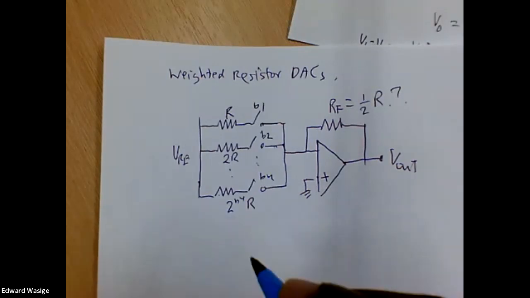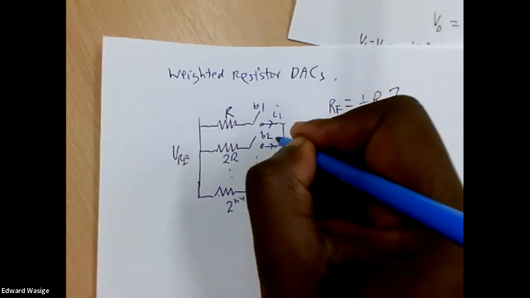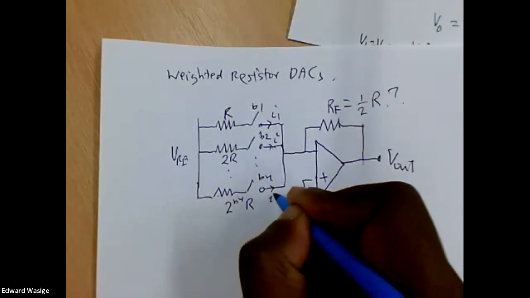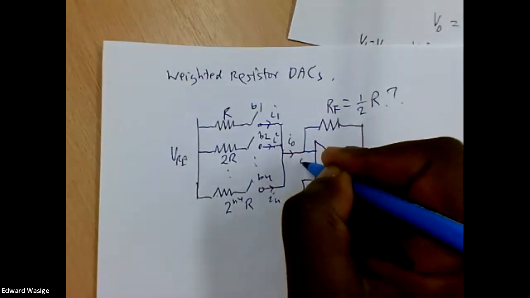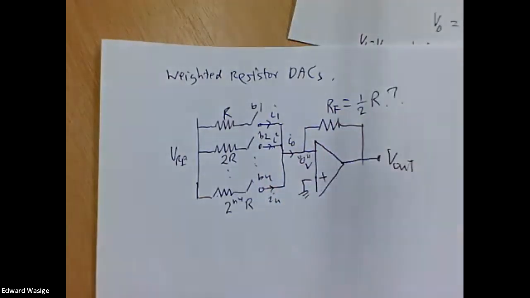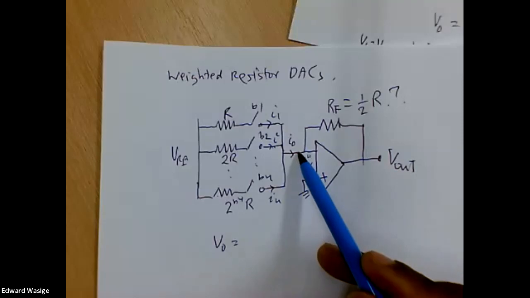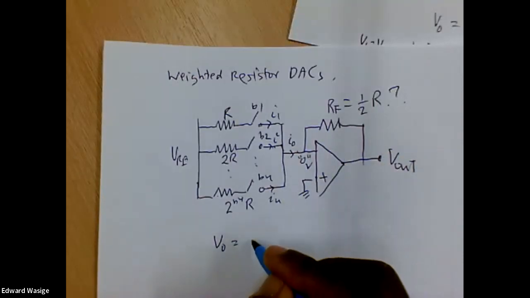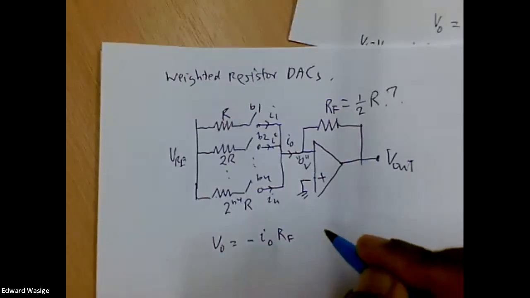And therefore V out: the current here is I1, I2, and the current here is In. The total current there is I out. The potential there is 0 volts, or virtual ground. And V out is equal to minus the sum of the currents, I out, times RF.